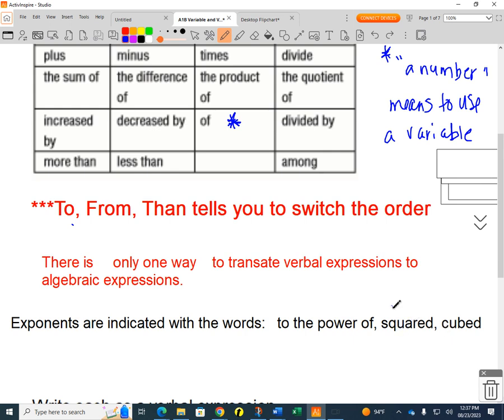So if I have 3 cubed, that means 3 to the third power. If I have x squared, that means x to the second power.